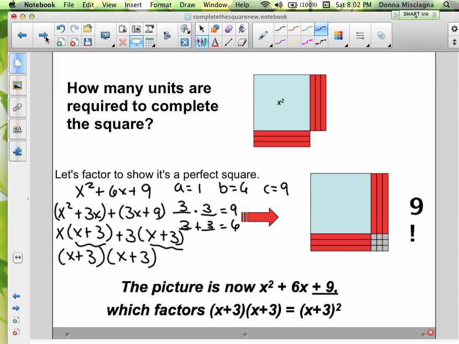All right, so we want b divided by 2 squared. b was 6. So if we have 6 divided by 2 squared, that's 3 squared, which is 9. And we added 9.